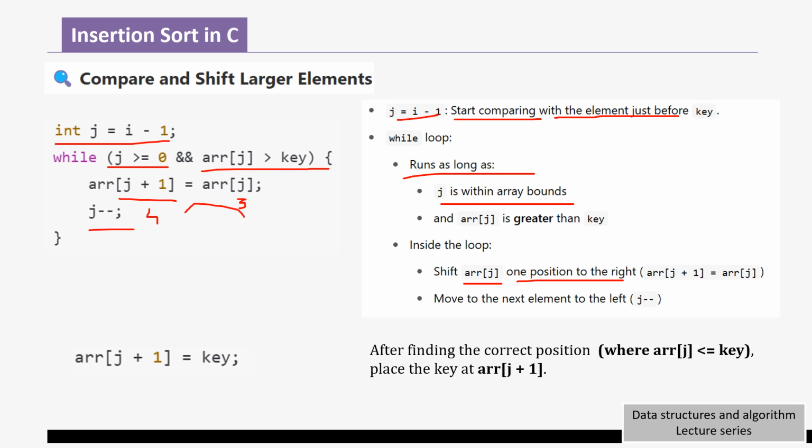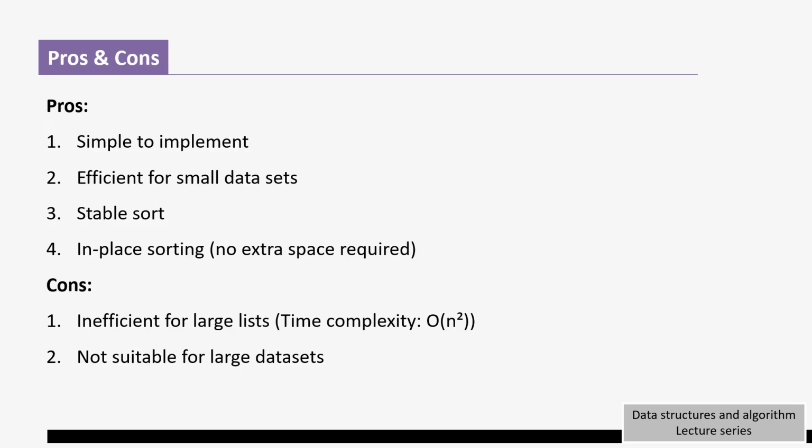And j-- will move to the next element on the left. And finally, update the value of the key element at the next position, that's why arr[j + 1]. This is the basic logic of insertion sort.